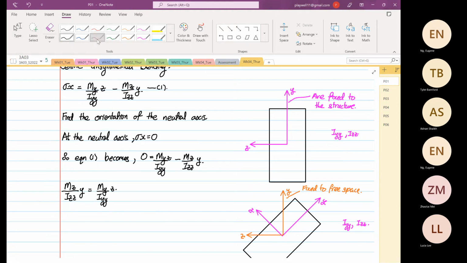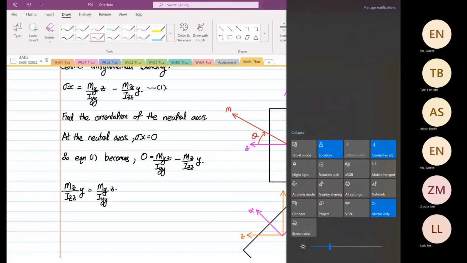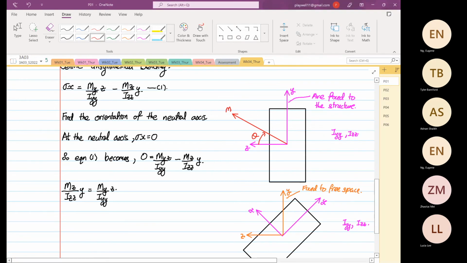Okay. So now if we were to have a moment vector, let's say that now this is our moment vector. And our moment vector is rotated clockwise from z, and we're going to call this theta. Okay.